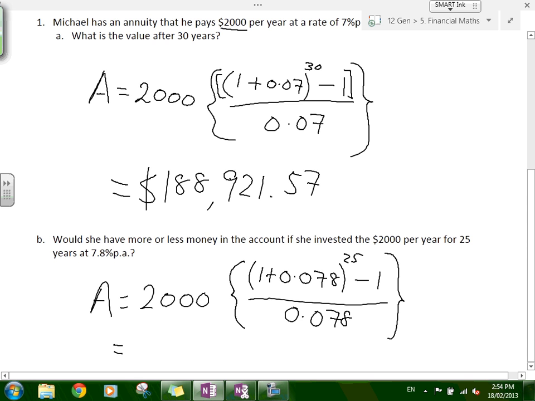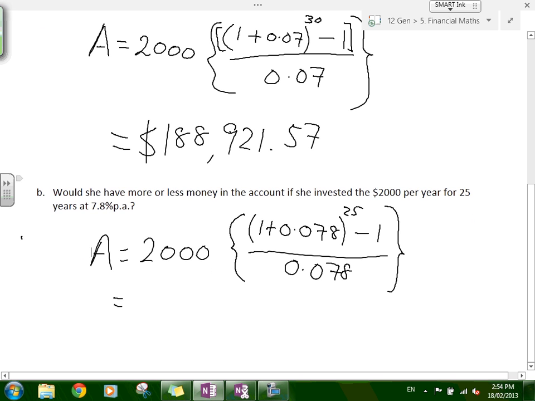That is equal to, oh whoops, so it's 142,000.